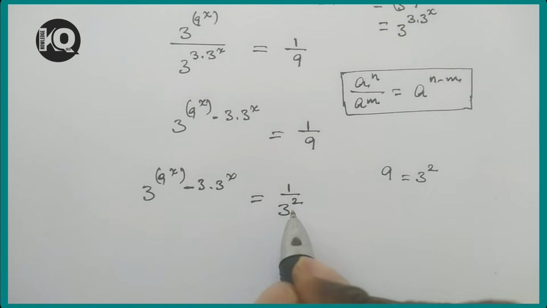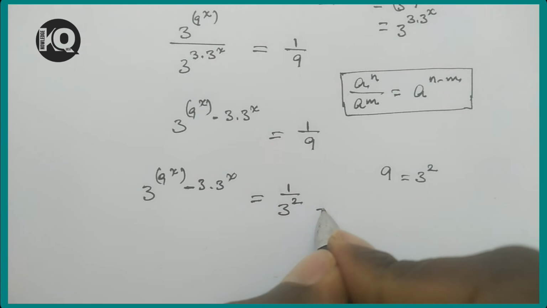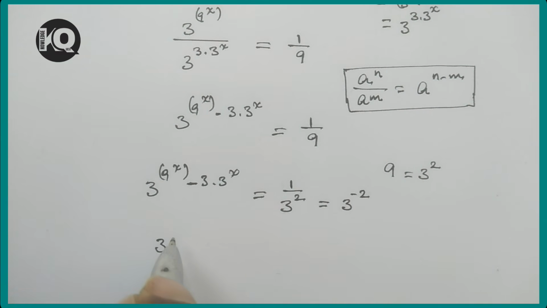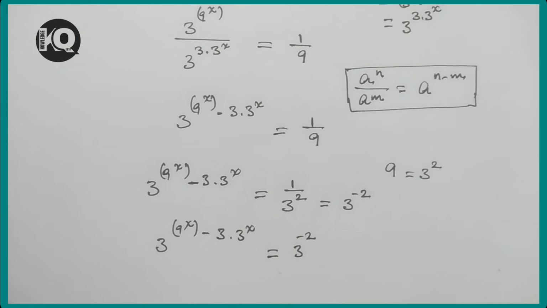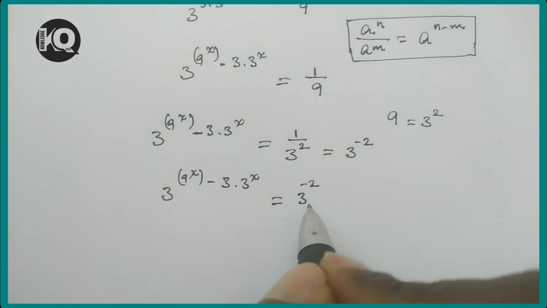This 1 over 3^2 can be expressed as 3^(-2). So our equation will be 3^(9^x minus 3 times 3^x) equal to 3^(-2). Now we have the same base, which is 3.